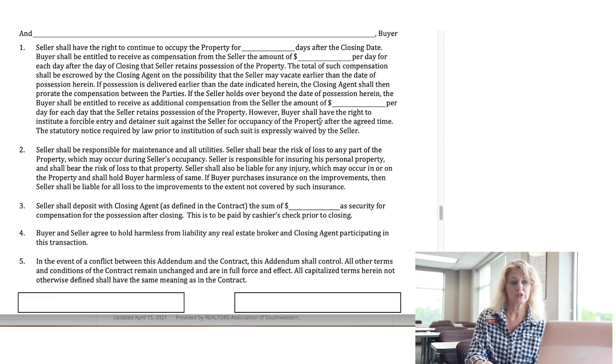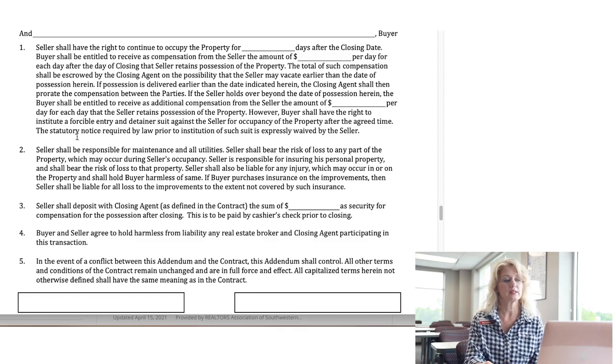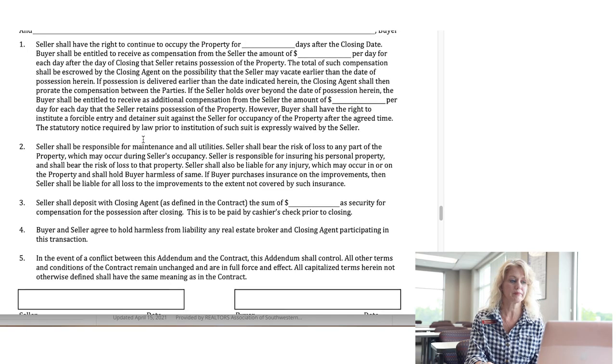However, the buyer shall have the right, just like the seller did on the other form, to institute a forcible entry and detainer suit against the seller for occupancy of the property after the agreed time. The statutory notice required by law prior to institution of such suit is expressly waived by the seller. So the seller would have no protection then against the statutory notice.